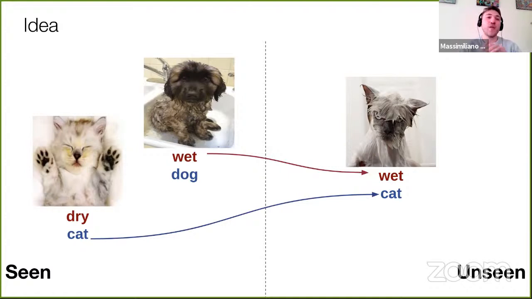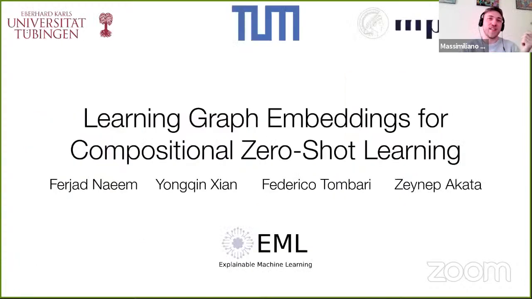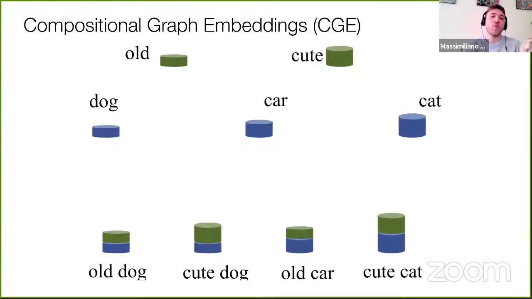But it would be interesting to enforce this link between seen and unseen categories explicitly, either in the model or during training. This is the idea on which the work Learning Graph Embeddings for Compositional Zero-Shot Learning is based. This is a work of Ferjad, Yongqin, Federico, and Zeynep that has now been published at CVPR. This work models the dependency among the compositions through a graph.